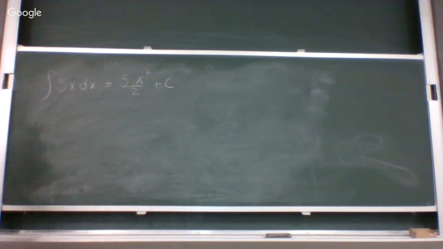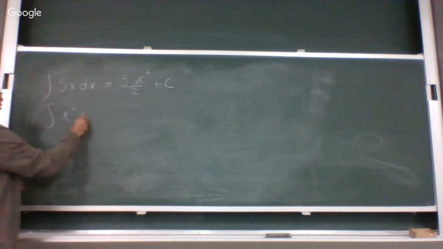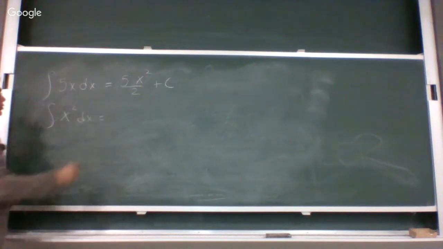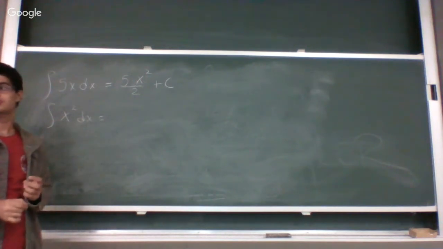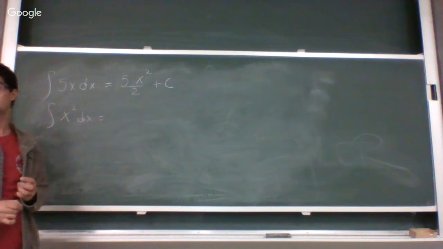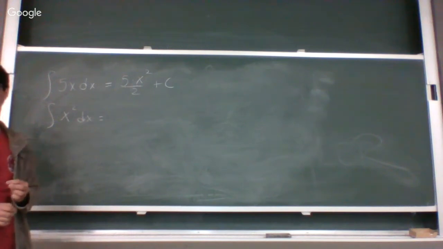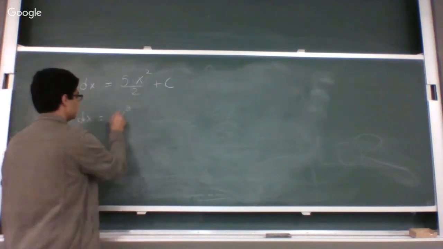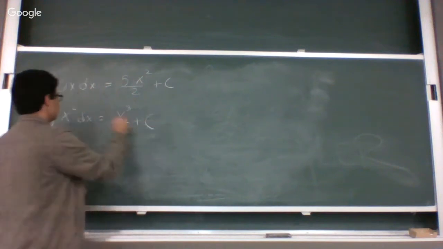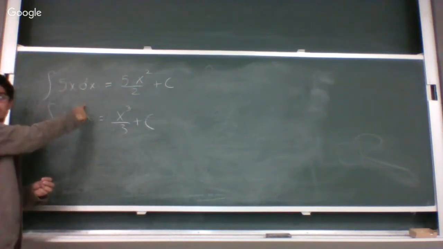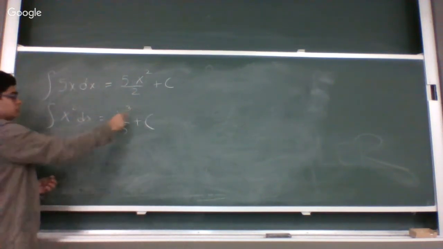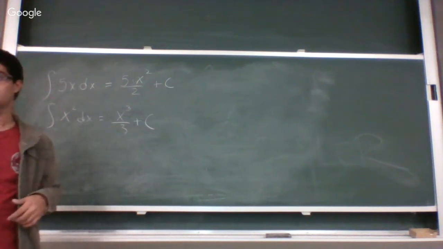The integral of x squared dx is x cubed over 3 plus c, because the 2 at the top plus 1, divided by 2 plus 1.